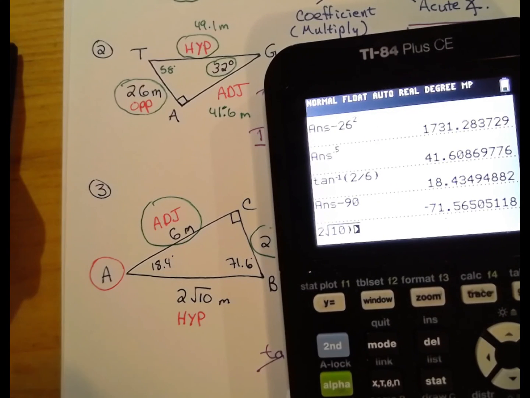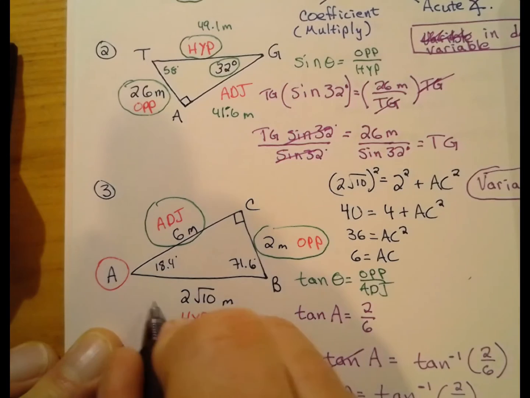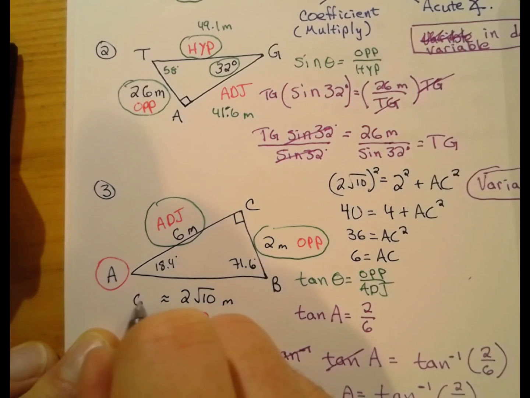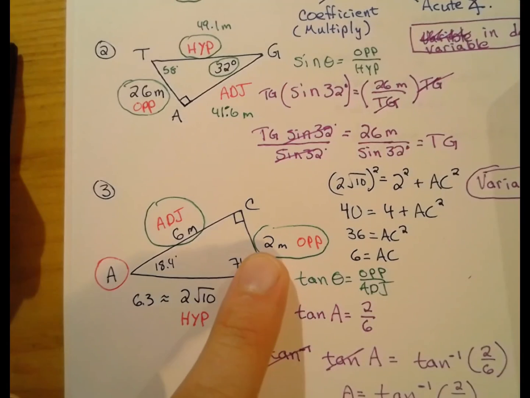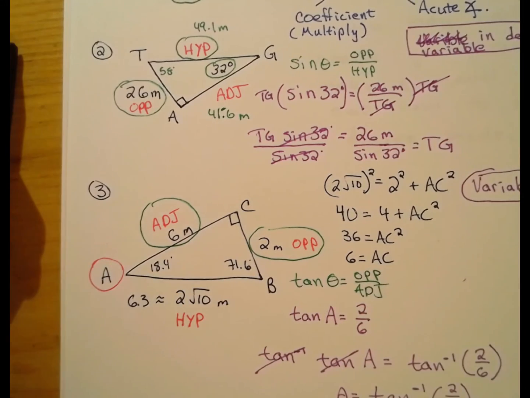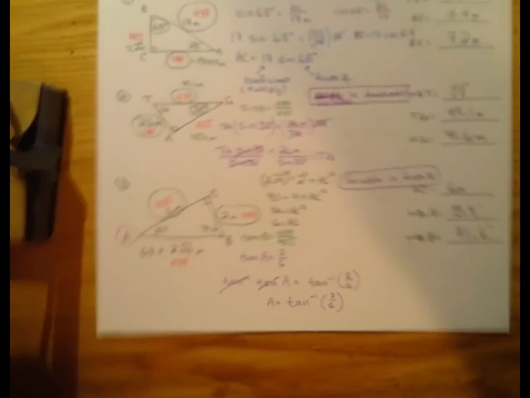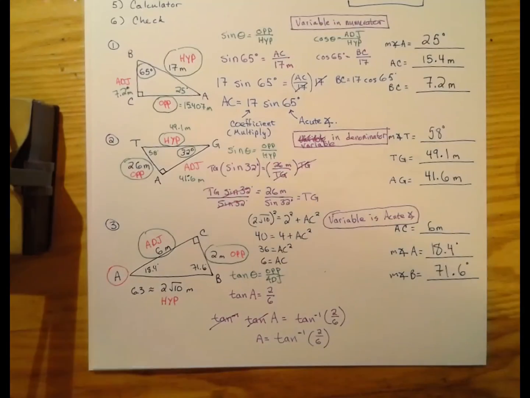It's got to be the longest side, 6.3. So the longest side is opposite the largest angle, and the shortest side, 2, is opposite the smallest angle. All right. Hopefully that cleared up any issues if you were having them.